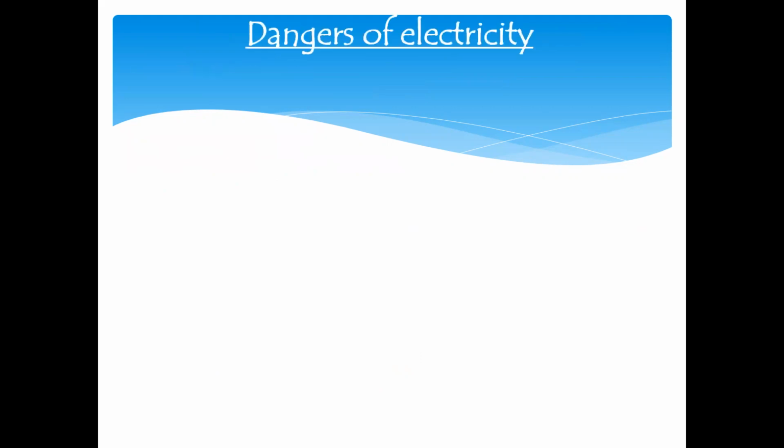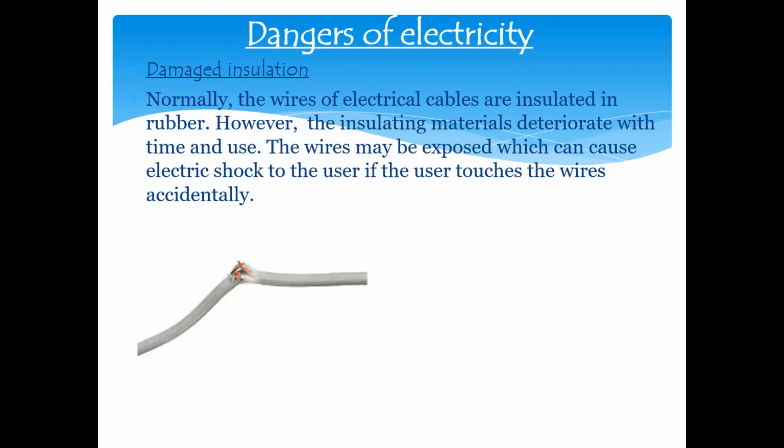So what are the dangers of using electricity? When we are using electricity, sometimes there might be damaged insulation, like when you are using an electrical device for a very long time, the insulation might be damaged or cut. This normally happens in the case of an iron.